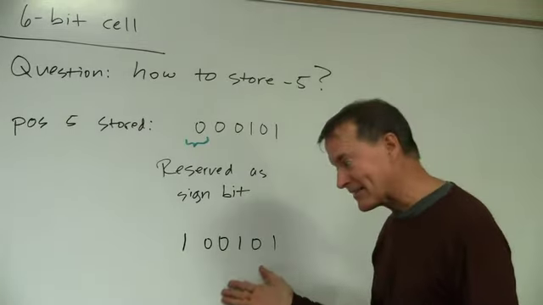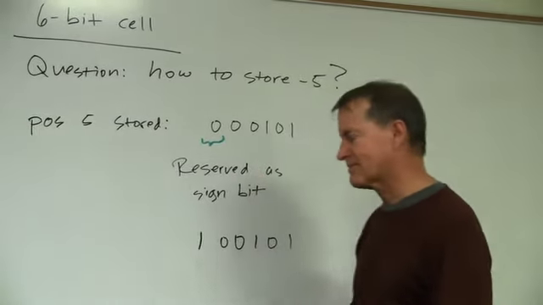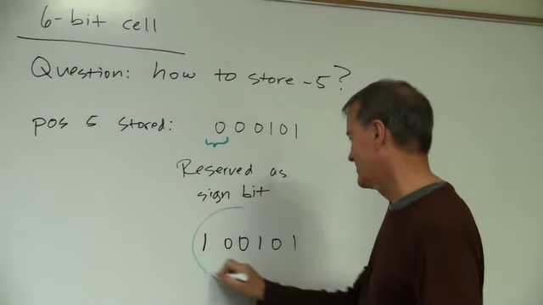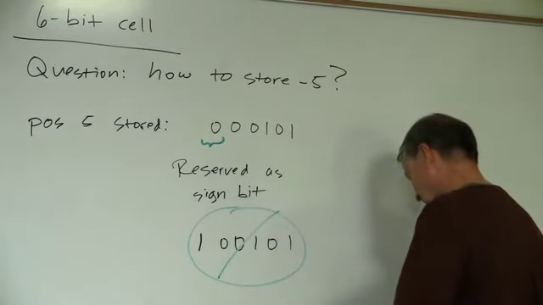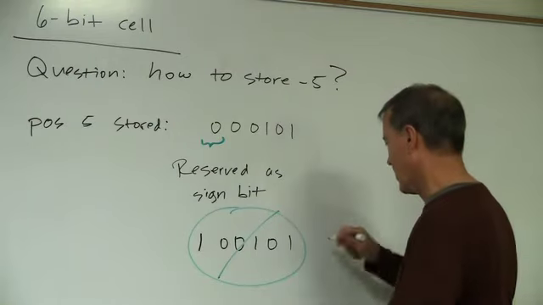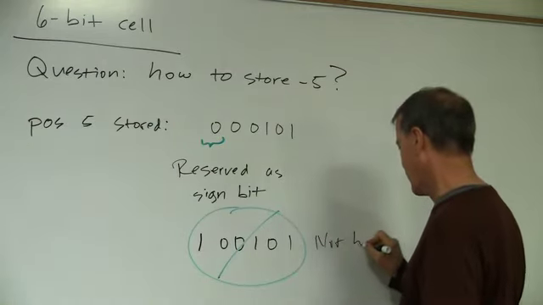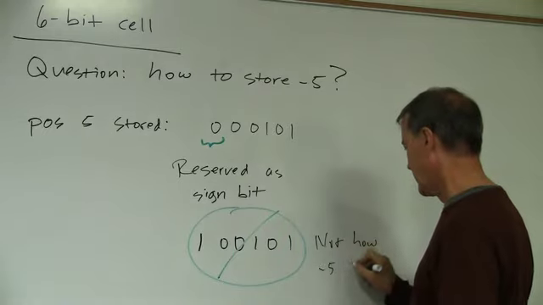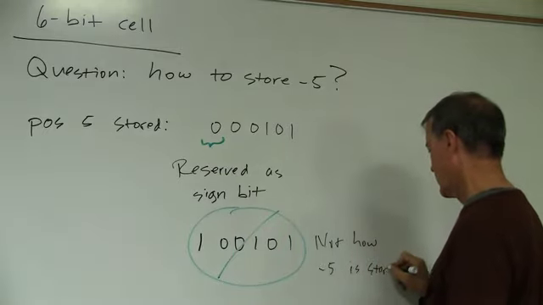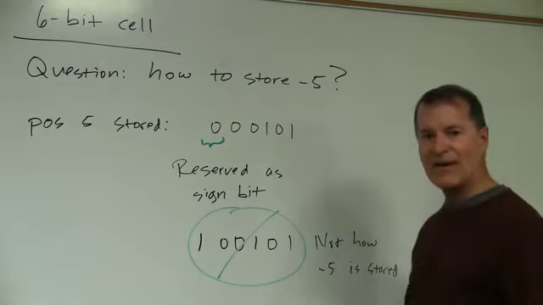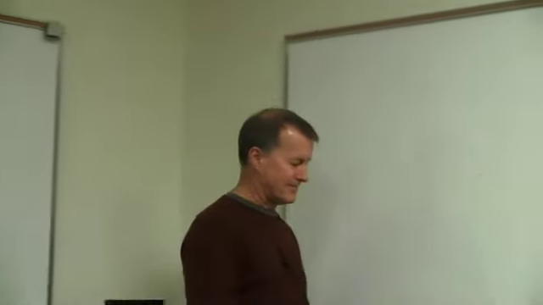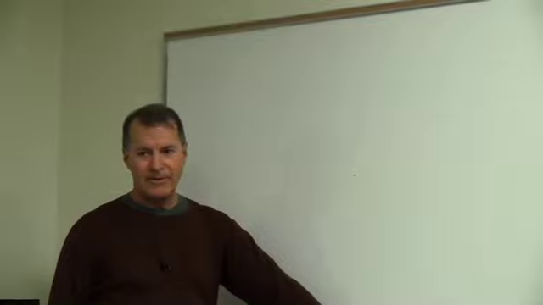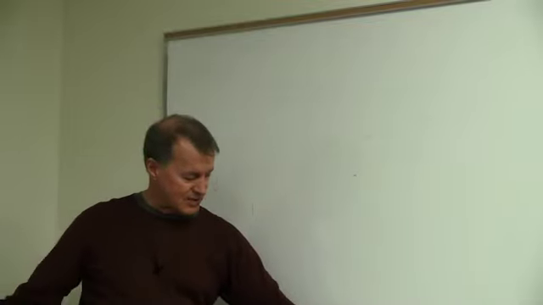But guess what? It's not. This is not how -5 is stored. So now the question is, how is -5 stored? No. The first bit is always still the sign bit.